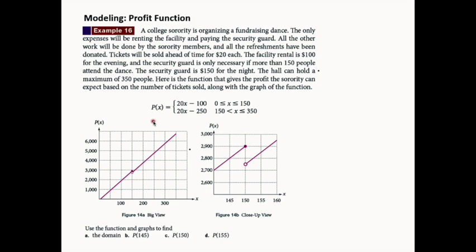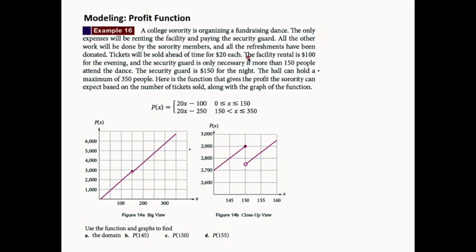It also says, if you look down here, there's a maximum of 350 people that can fit in this facility that they're renting for the dance. It also tells us here that the cost of the rental for that one night is $100.